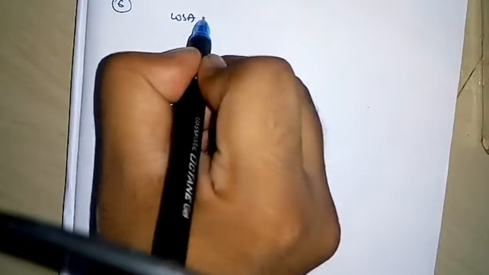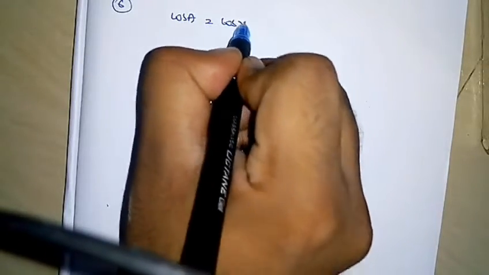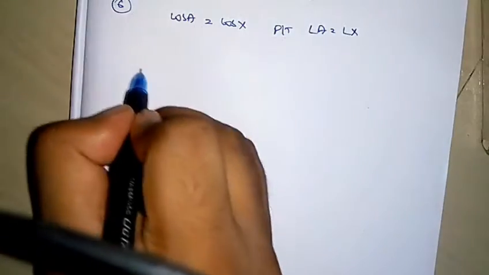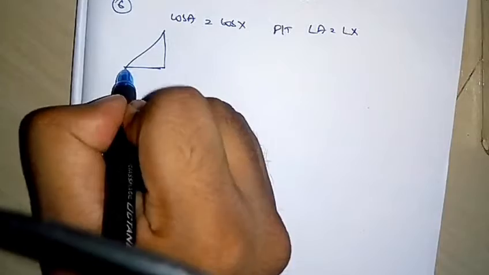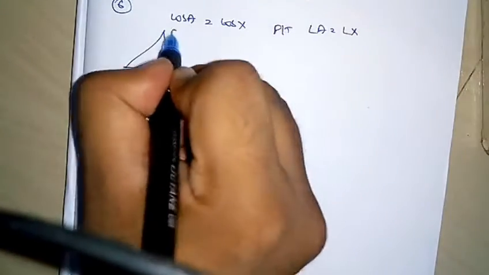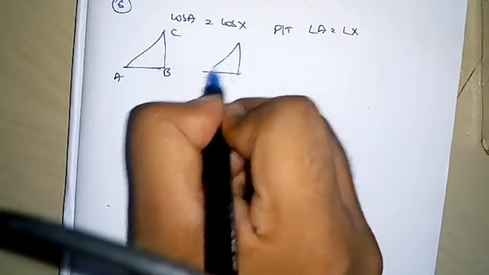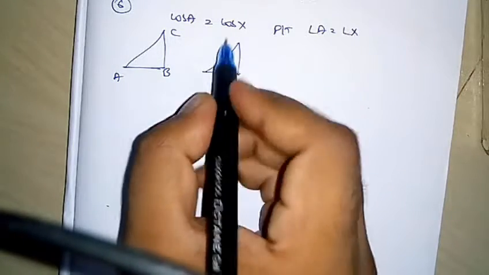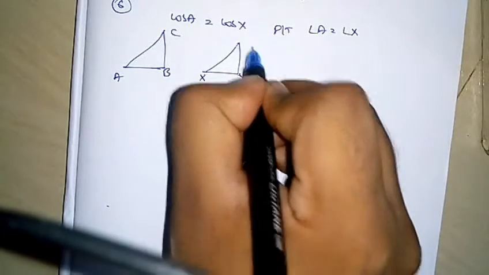Sixth question. In triangles ABC and XYZ, angle A and angle X are acute angles such that cos A is equal to cos X, then prove that angle A is equal to angle X. You are given triangle ABC and triangle XYZ.